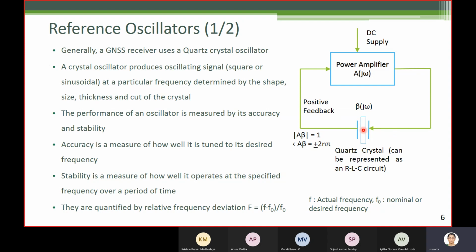So whatever you feed to the crystal, the output voltage that you will get is always, depending on the type of crystal and some other properties, the output voltage will always have a narrow band of frequencies centered around a particular frequency. So it generates low output voltage over that narrow band of frequencies, and that is fed to the power amplifier.